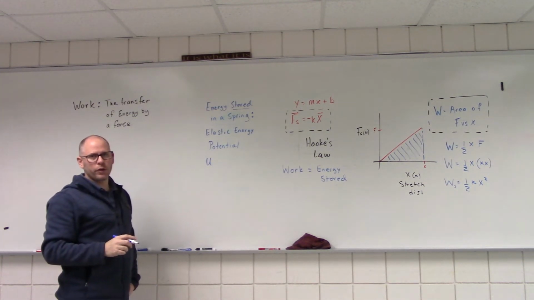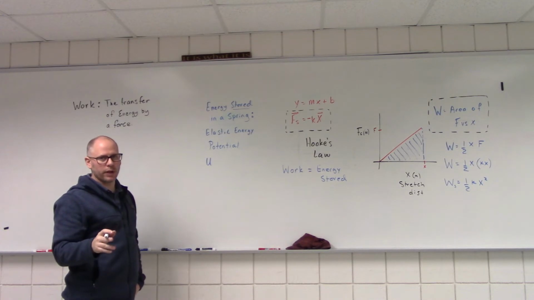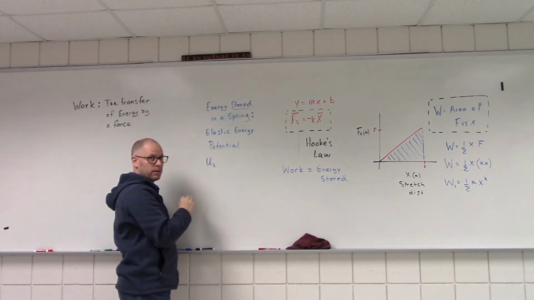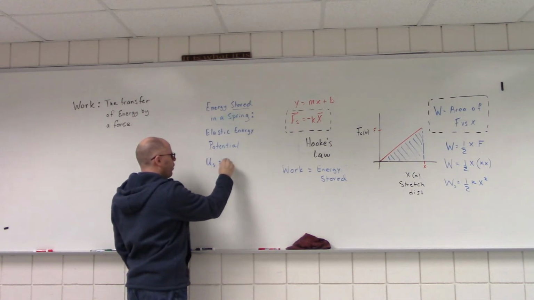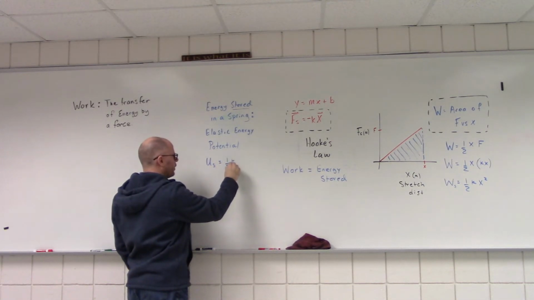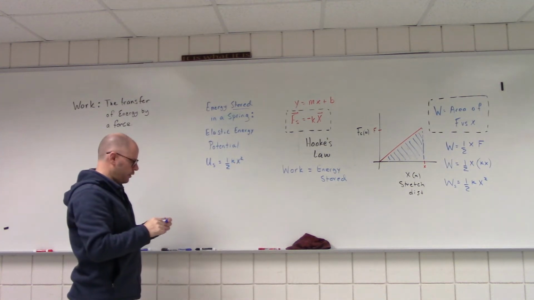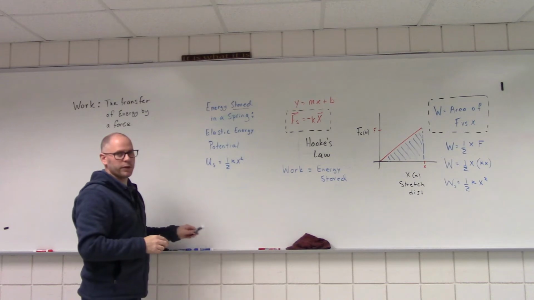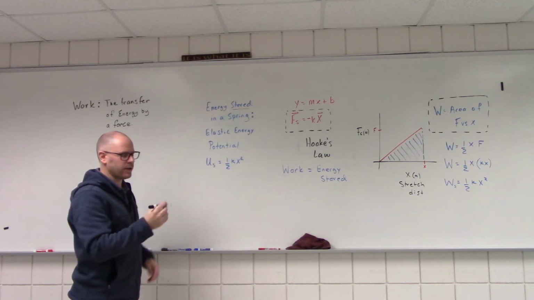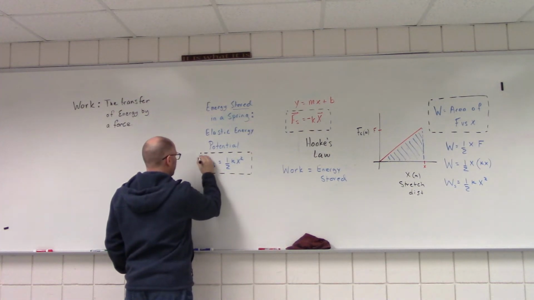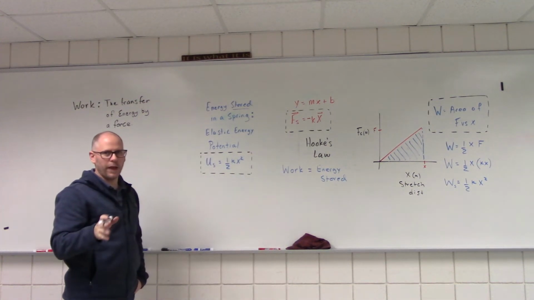It's a capital letter U to represent any kind of potential energy. So the potential energy of the spring is equal to 1/2 k x squared. So this is how we get the potential energy of the spring. It's 1/2 k x squared. That's going to be huge.